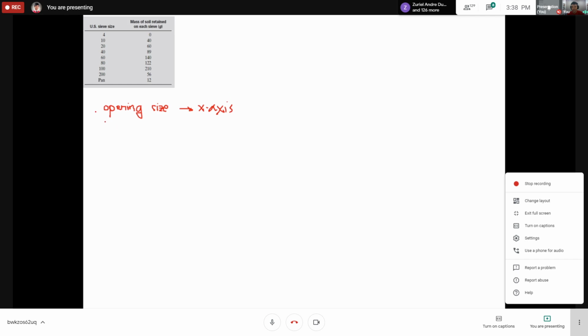And on the y-axis is your percent finer, which you need to solve from the given data.